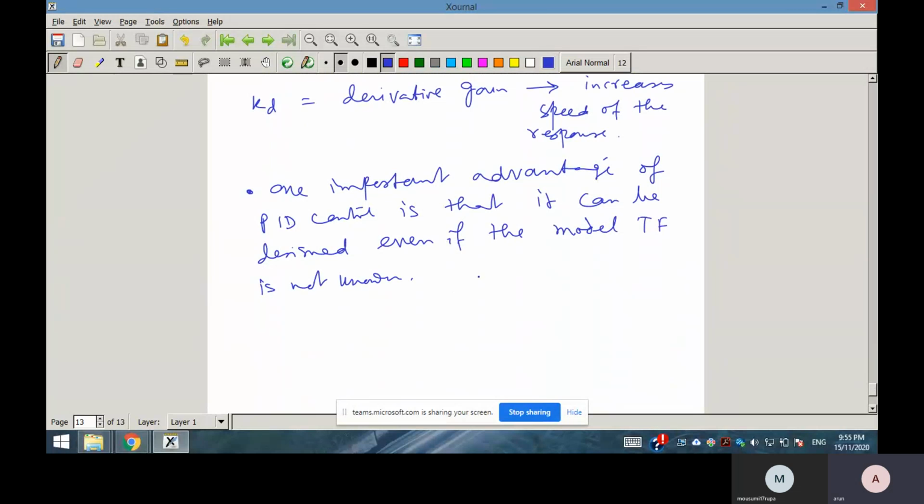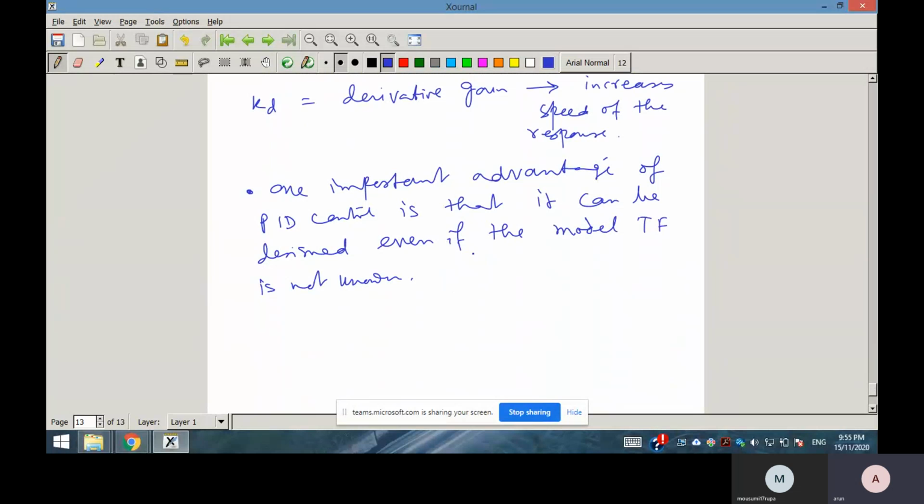This happens for most of the process industries. The tuning rules that exist for this include the Ziegler-Nichols rules for tuning.